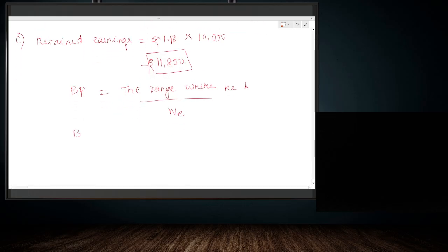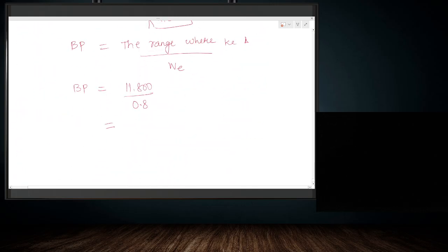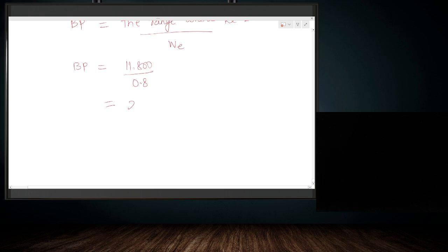So here breaking point will be equal to the retained earnings, 11,800, divided by 0.8. Did you all understand why we took 0.8? Because that is the weight of equity. How much do we get? Rupees 14,750, which means the company can raise additional capital of 14,750 rupees before issuing additional equity share capital, right?